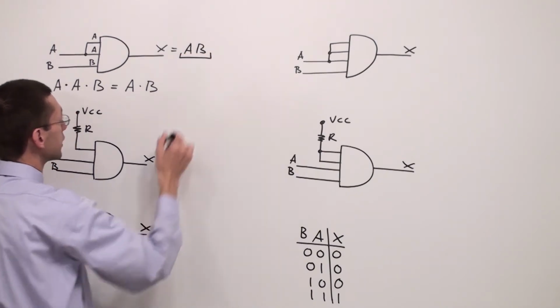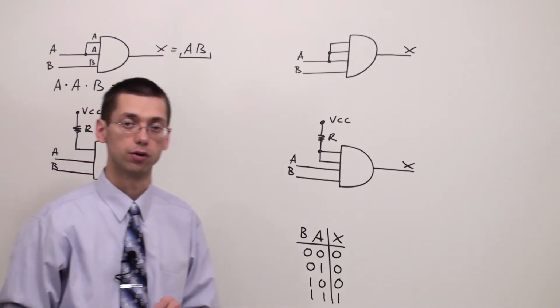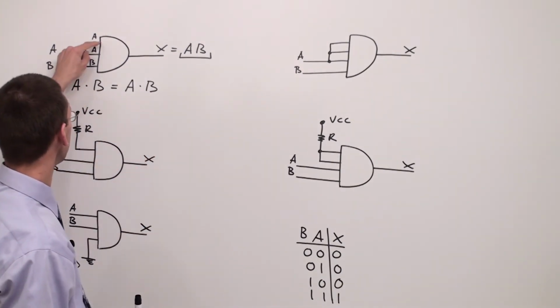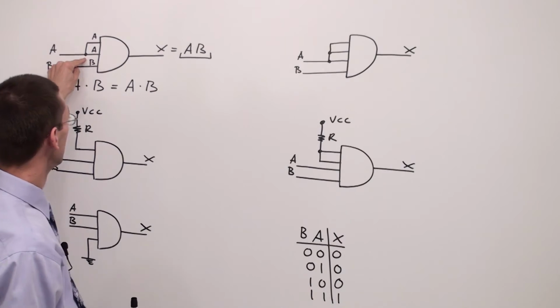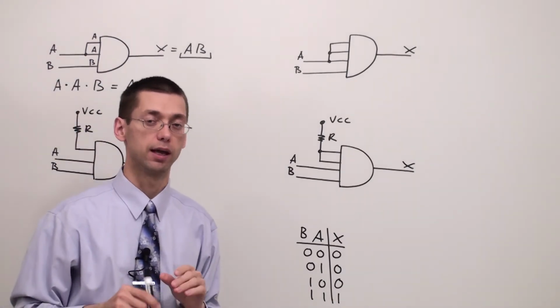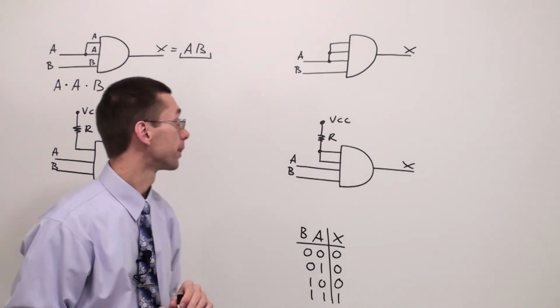And this is the logic expression for the AND gate. So I can say that a connection made like this is a correct connection in order to make a 3-input AND gate 2-input.